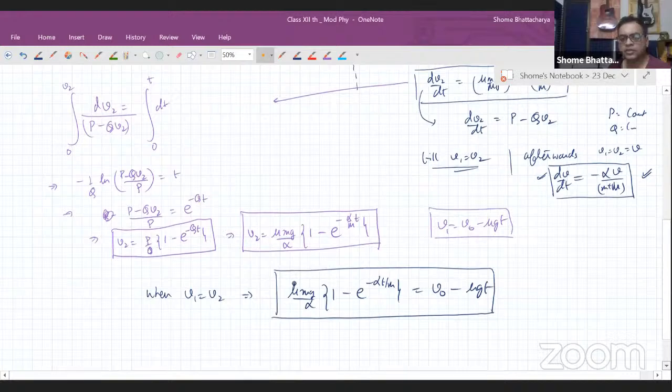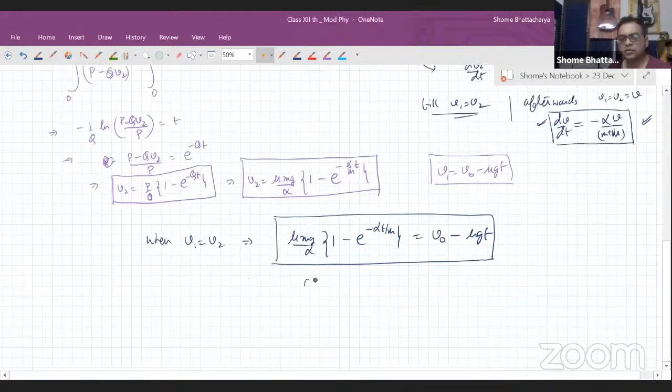However, assuming that alpha t by m is small compared to 1, then you can use the series of e raised to the power minus x.